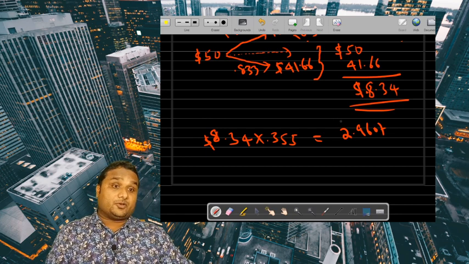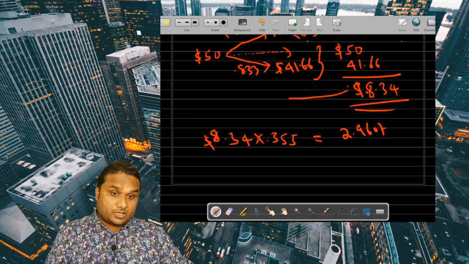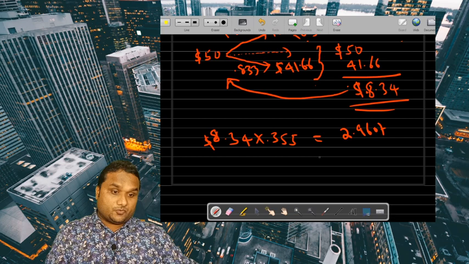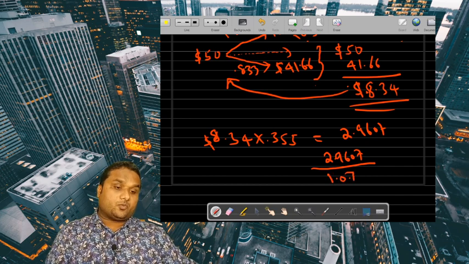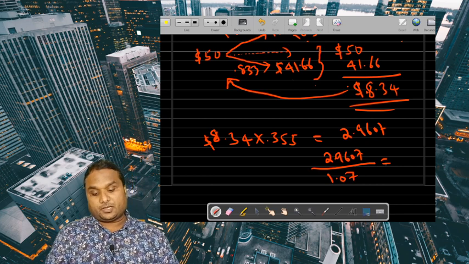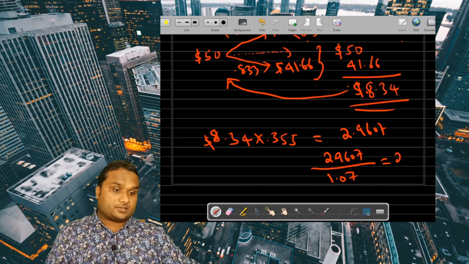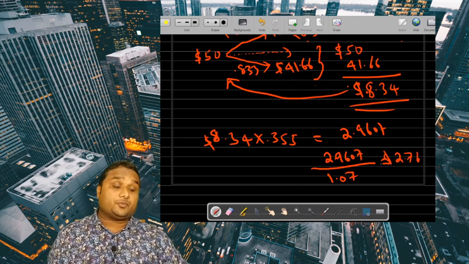This is the value after 1 year, in 2021. In order to find the value today, you have to discount it. So the value today is 2.9607 divided by 1.07, since in our question the risk-free rate is 7%, which is $2.76. This is the value of a put option.